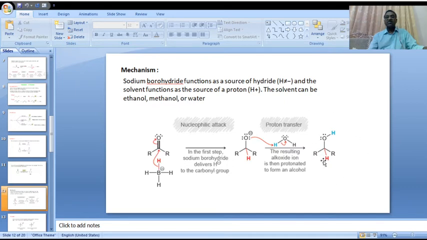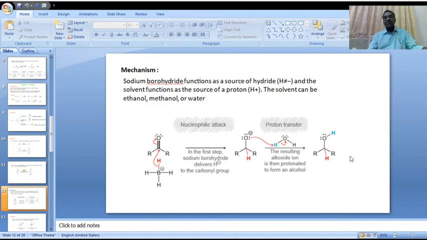This H minus attacks the carbonyl carbon, giving the resulting alkoxide ion. This is the intermediate alkoxide ion. This alkoxide ion is then protonated to form an alcohol.